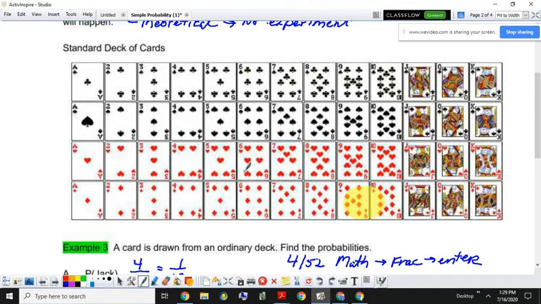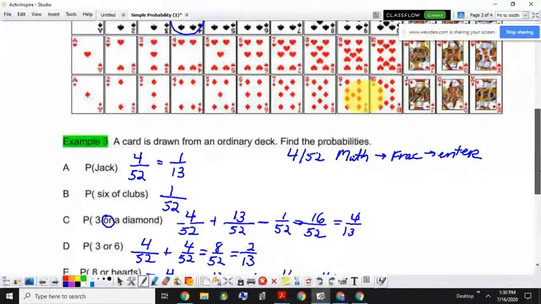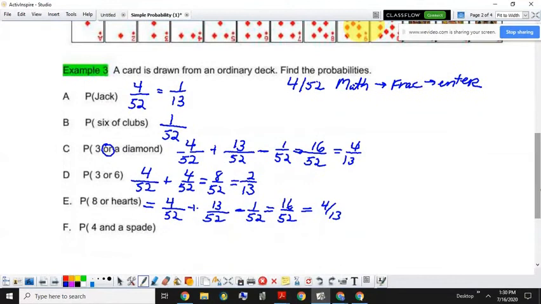Here are my 4s, and it also has to be a spade because it's the word and. And means you have to have both things, right? So it's basically the 4 of spades. You can kind of read the problem like that. So it's really just the 4 of spades. There's only one of them, 1 out of 52.